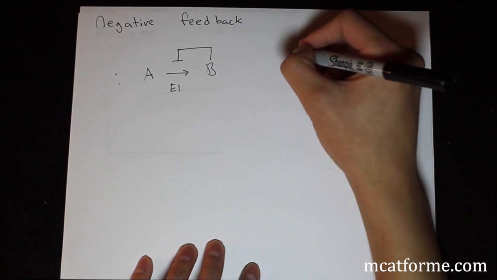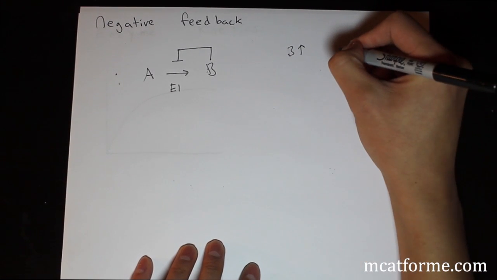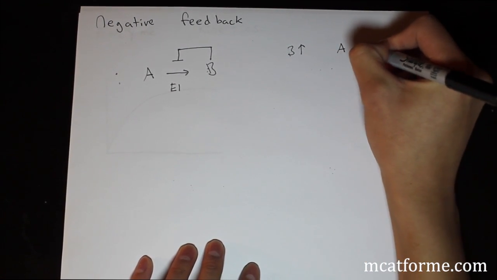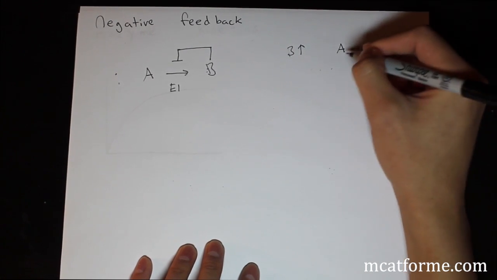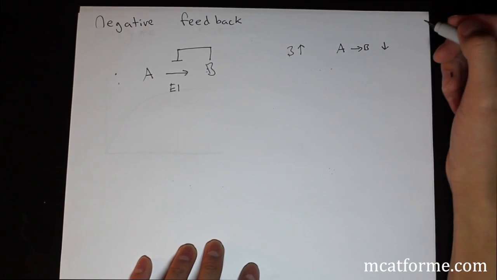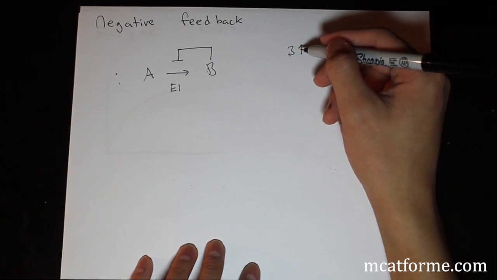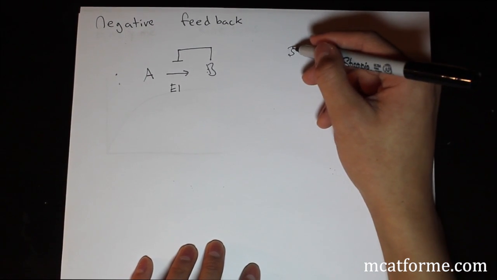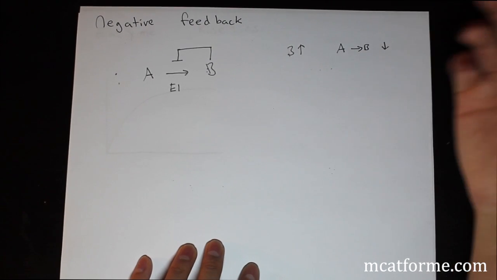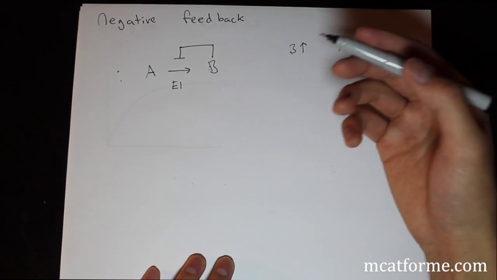So that means when we have an increased amount of B, the reaction A to B will be decreased. That enzyme activity, so E1, will be decreased because now we have B, and it's a negative allosteric inhibitor for the transformation of A to B.